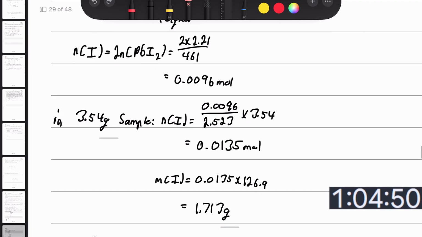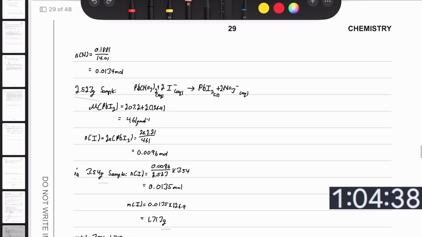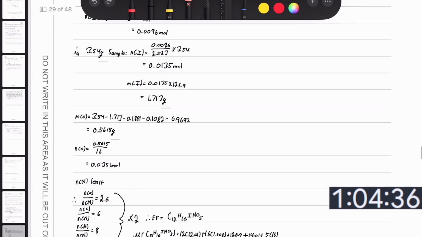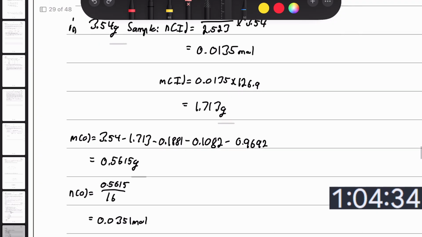I think I'm about at the 16-minute mark. It's 3.54, 0.0135. So 0.0135 times 126.9 is 1.713. 3.54 minus 1.713, 0.1881, 0.1082, 0.9692.